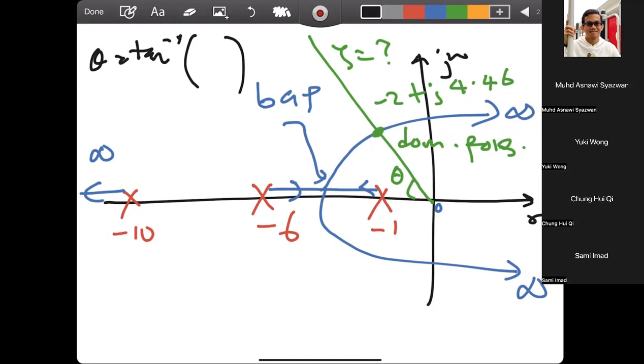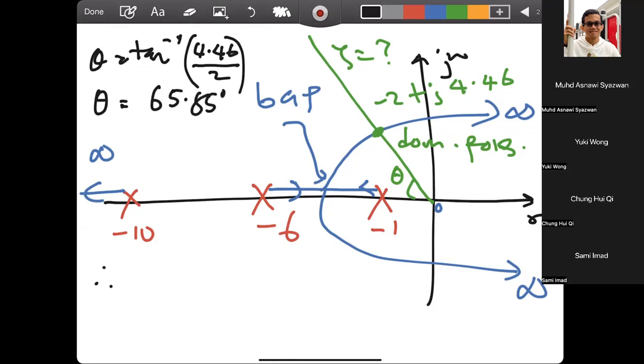Yes, Prof. How to find theta from here? Theta is inverse tangent of 4.46 over 2, which is 65.85 degrees.